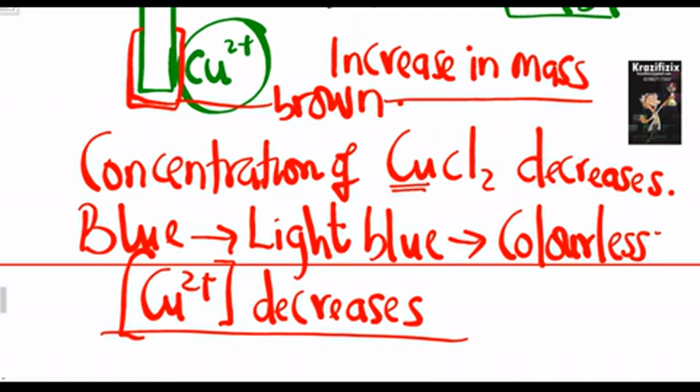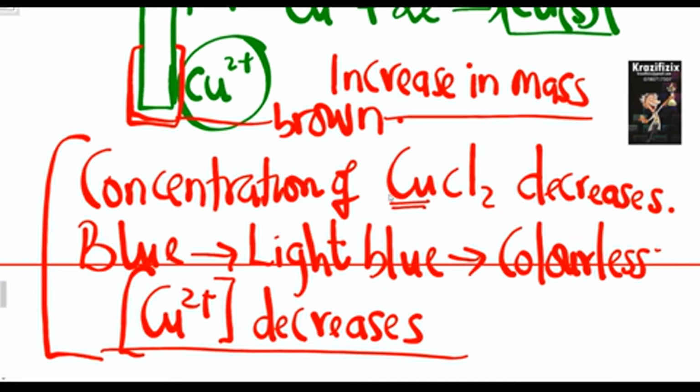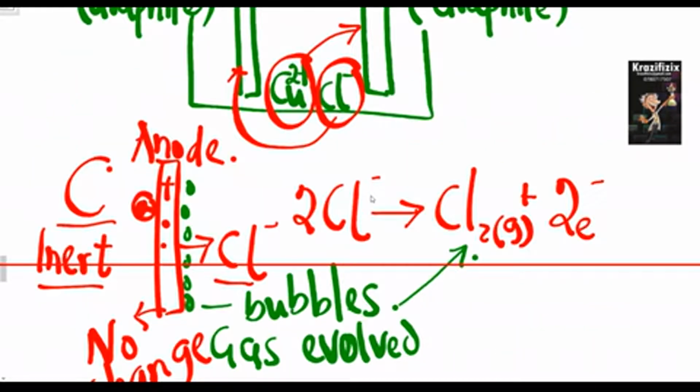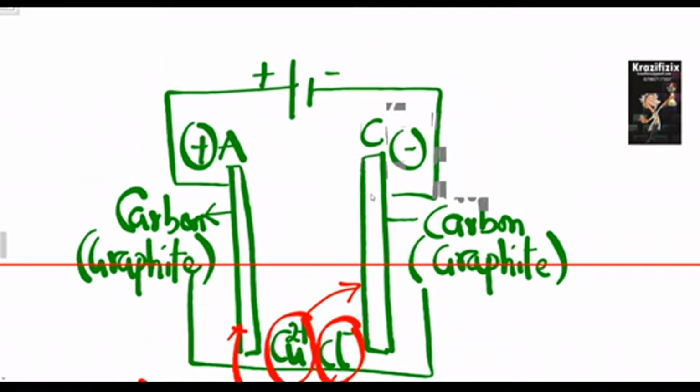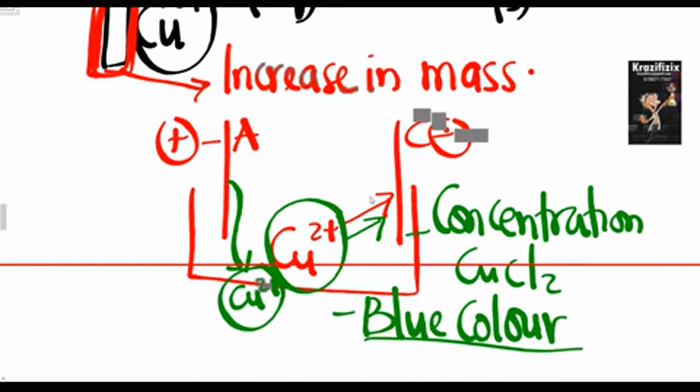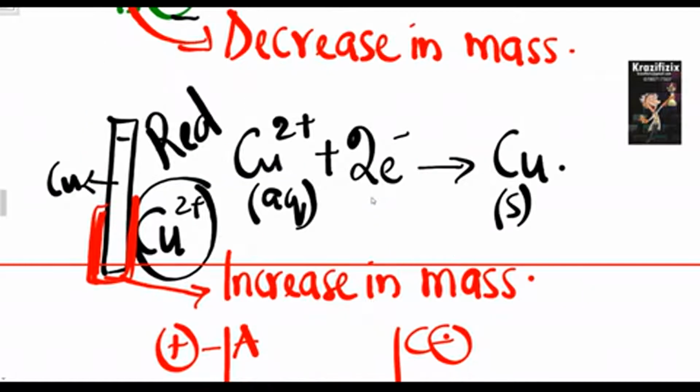I needed you to see the difference between using an inert electrode and using copper electrode. This is a good exam question where you could be asked about the concentration and to explain why. Here, as the concentration decreases, there is no replacement. But on the first one, you might need to rewind and go through the first explanation where we had our copper electrode. Let me go back there.